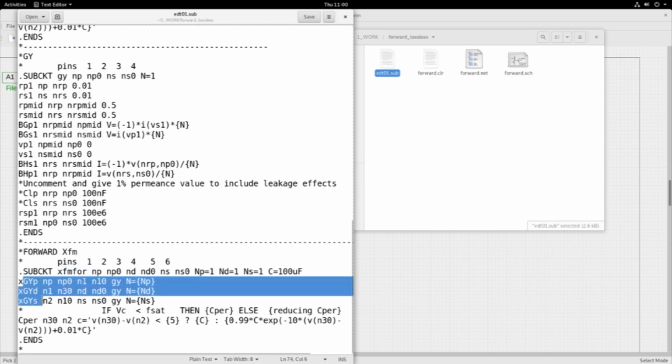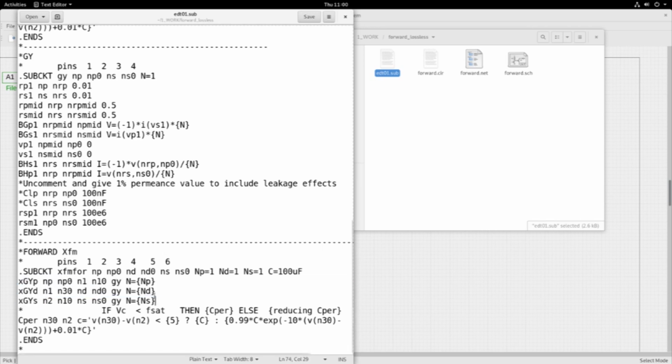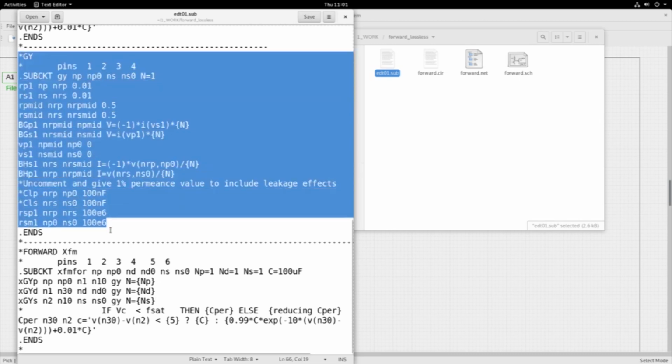It has 3 gyrators because there are 3 windings. Each winding is associated with a gyrator, and we are passing the parameters, which is the number of turns. And the gyrator model is the same as the one which we discussed for the normal transformer in the lossy forward converter.